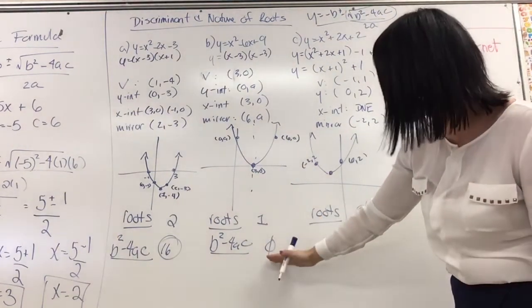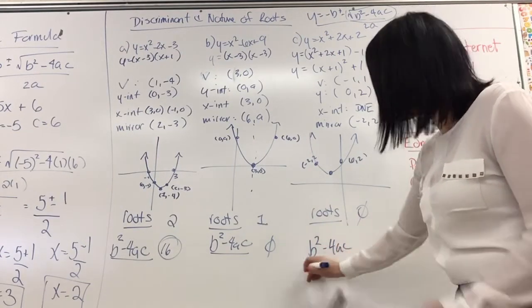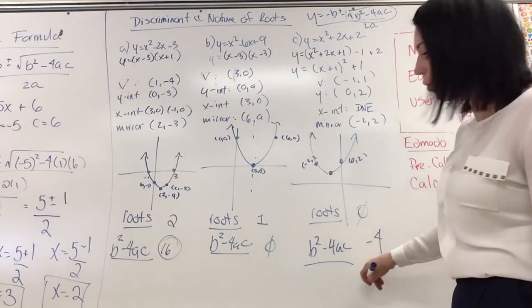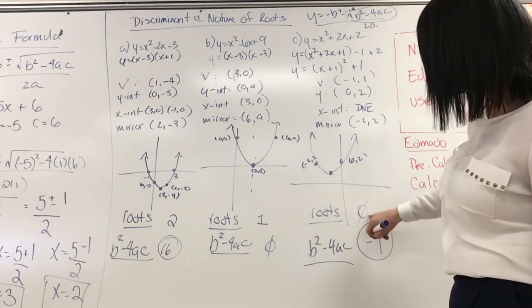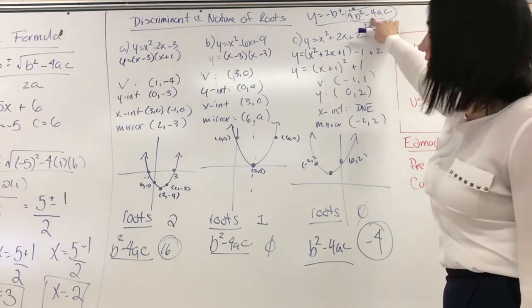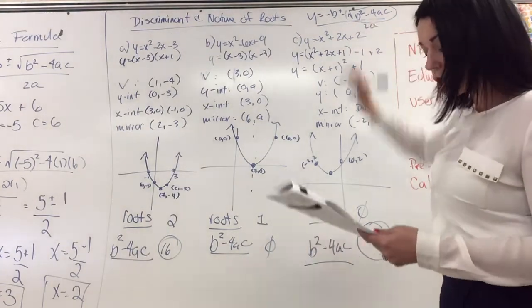So that's why this only makes 1 root. And b squared minus 4ac for this question gives me -4. So it makes sense that I would have no roots here because I have a negative number underneath and I cannot take the square root of a negative number.